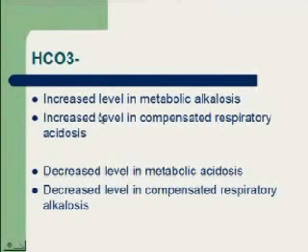In other words, the lung center will attempt to compensate for elevated levels of sodium bicarb by increasing CO2 levels to offset this metabolic alkalosis. You also may see decreased levels in metabolic acidosis, and you would also see decreased levels in compensated respiratory alkalosis.